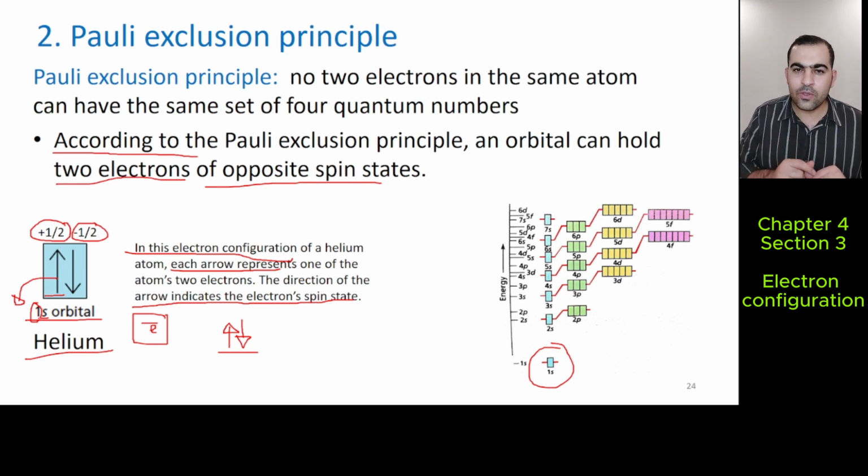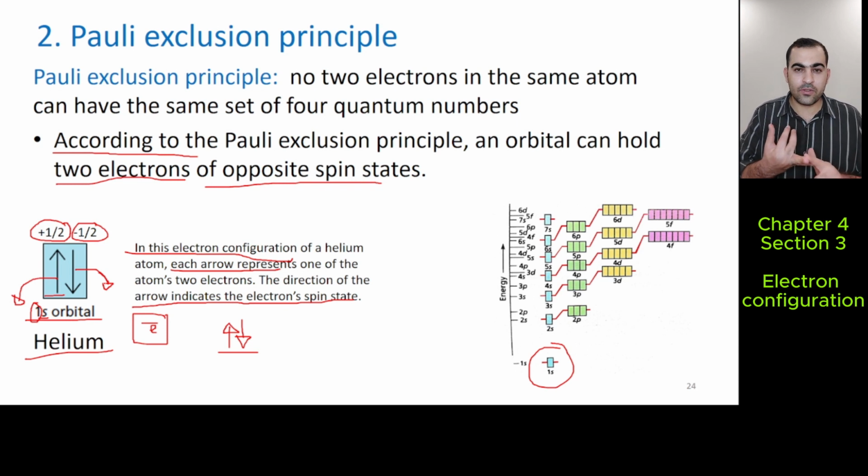So l equals what? l equals 0. And ml for s is also 0. What about the spin quantum number? ms equals positive 1/2. For the other electron, n equals 1 like the first one.